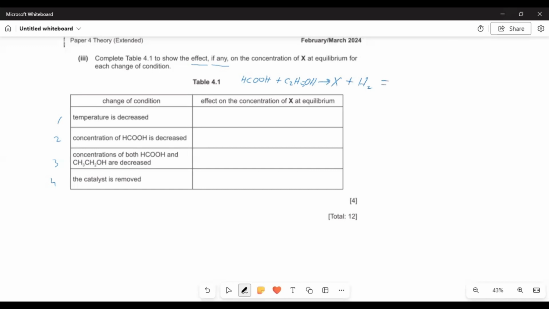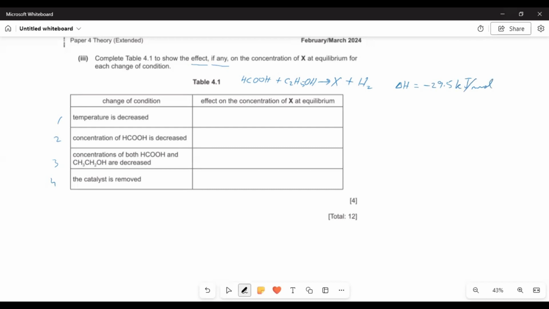And this reaction had a delta H value that is negative. It was negative 29.5 kilojoule per mole. So this was the equation.